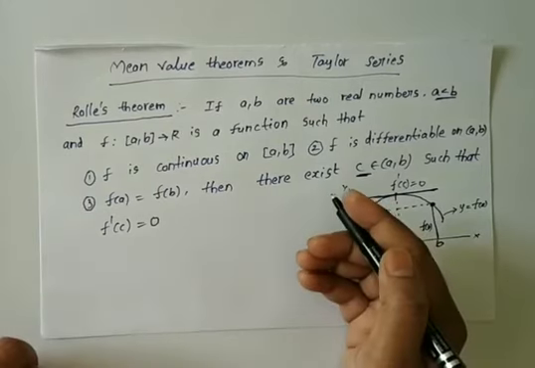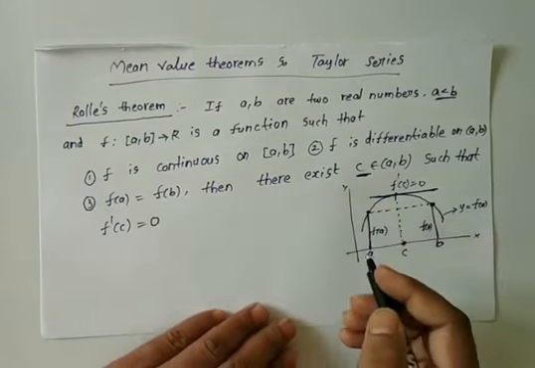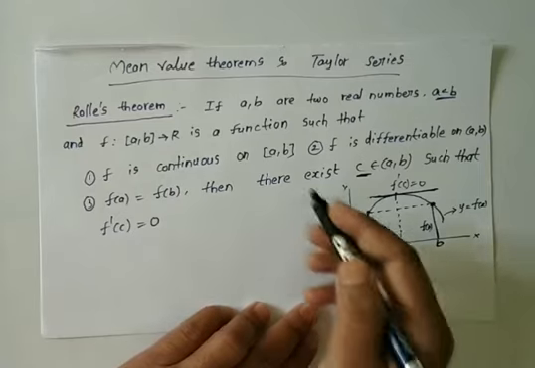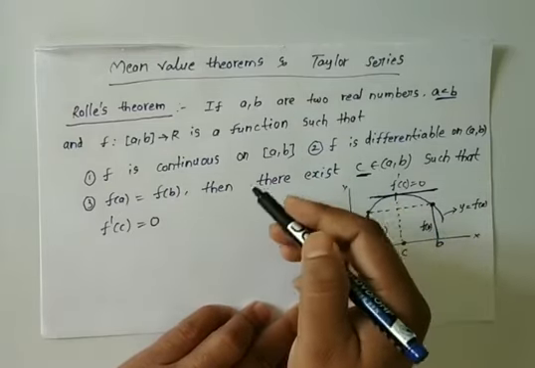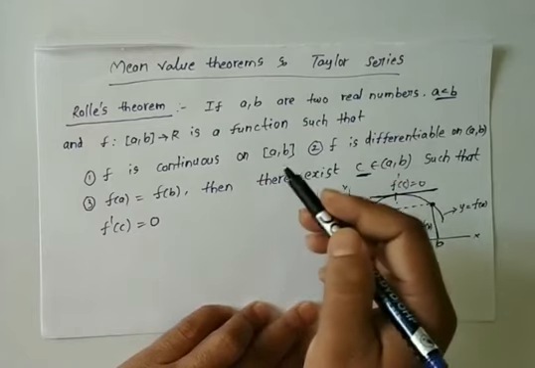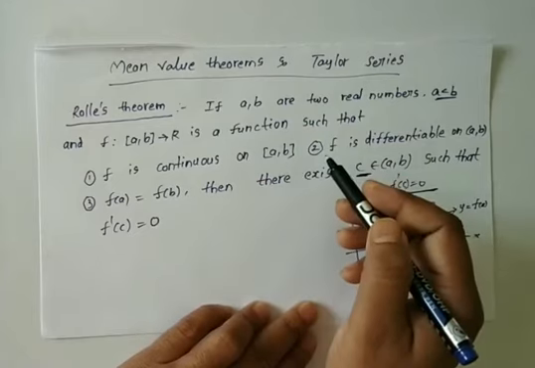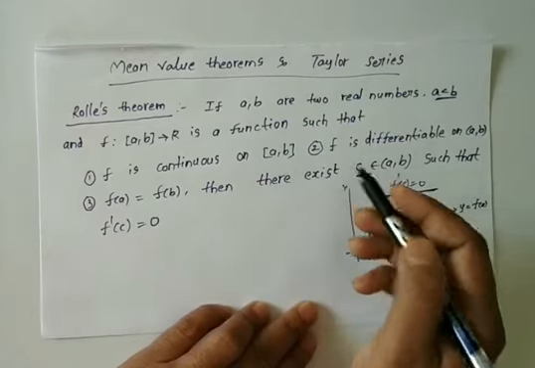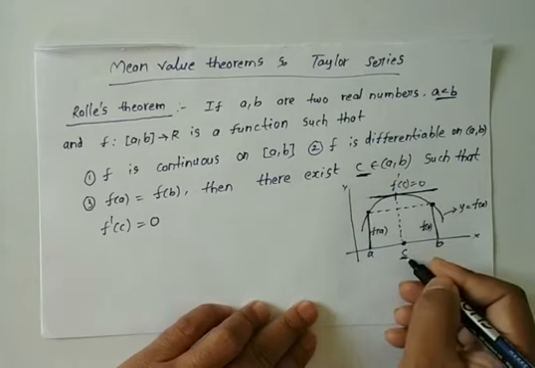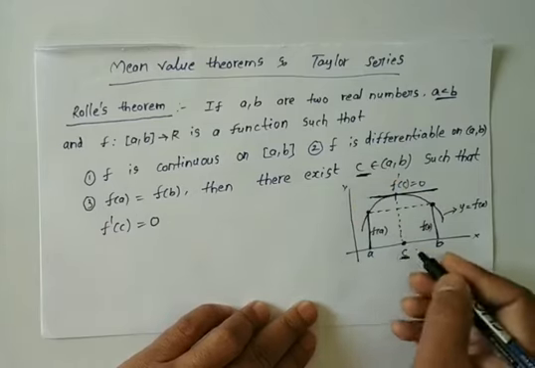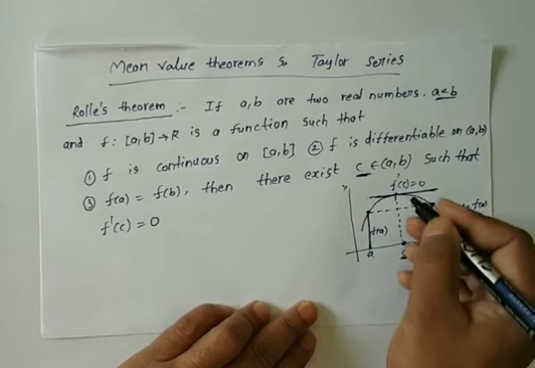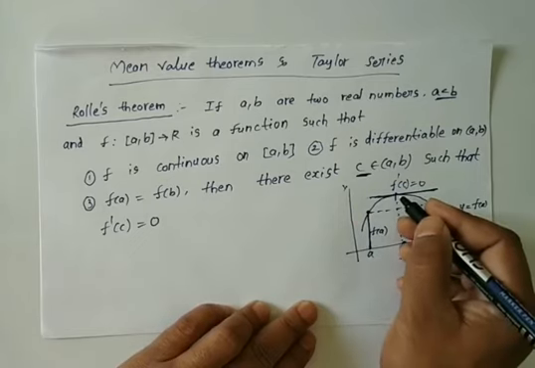Once again I will explain. Listen carefully, students. Rolle's theorem says that if these three conditions are satisfied, then there exists at least one c which lies in the open interval a comma b such that f dash c is equal to 0.